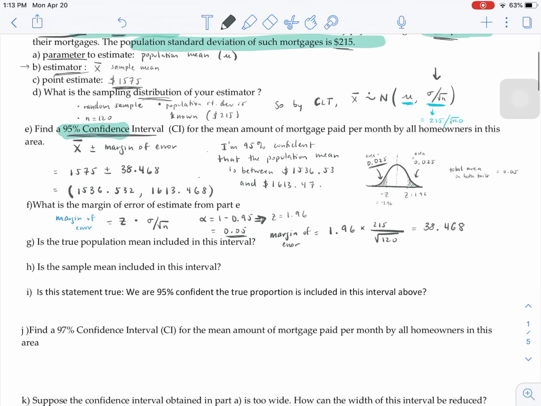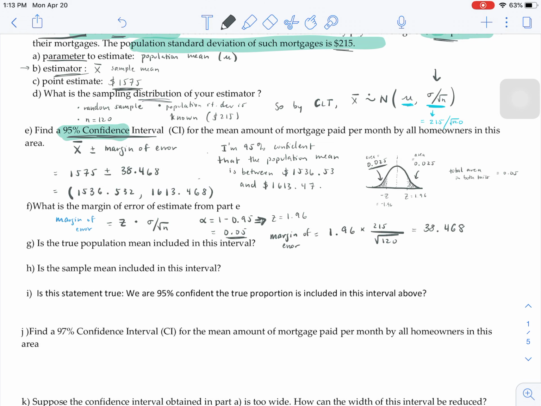So just as a recap of what we did, we had our point estimate here, our sample mean. That was 1575. So to make our confidence interval, all we have to do is find our margin of error. And then we just take our sample mean plus or minus our margin of error. And that gives us our interval. How did we find the margin of error? We find a z-score corresponding to 95% confidence.